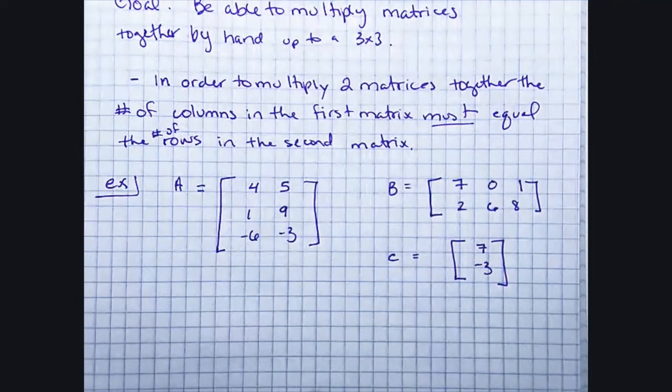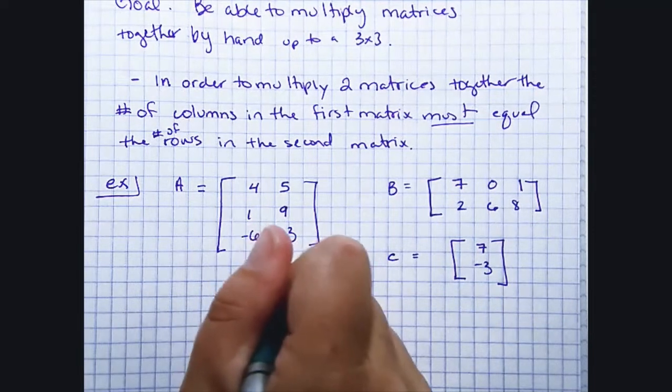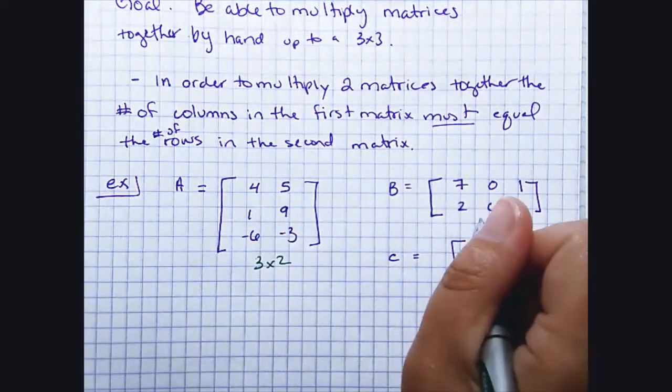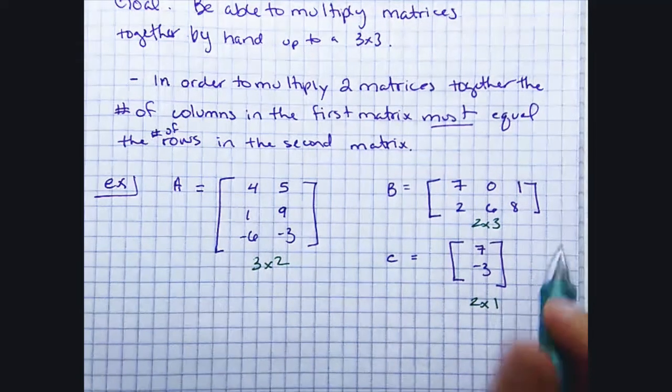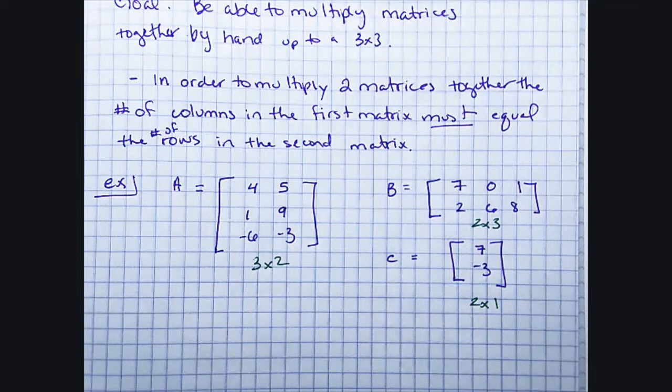Remember, dimensions are rows by column, so this one's dimensions are a 3 by 2. This one is a 2 by 3. And this one is a 2 by 1. So there we go.